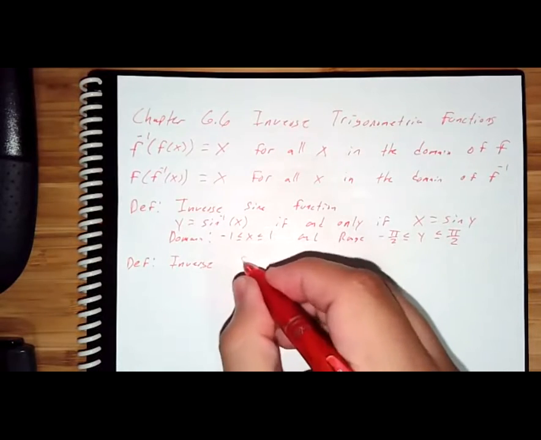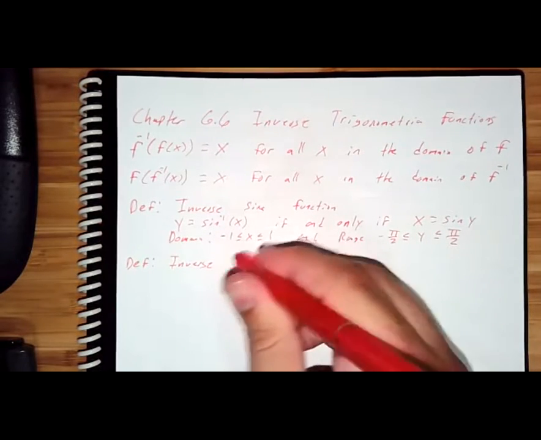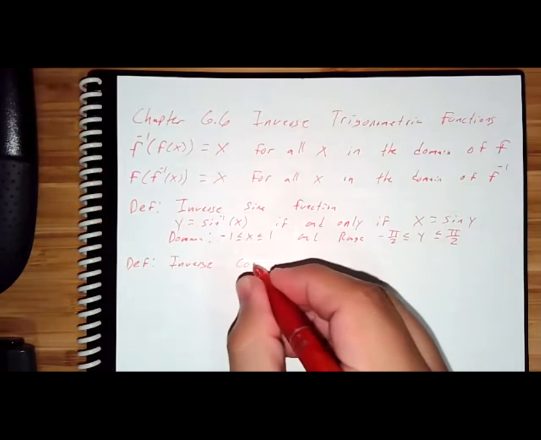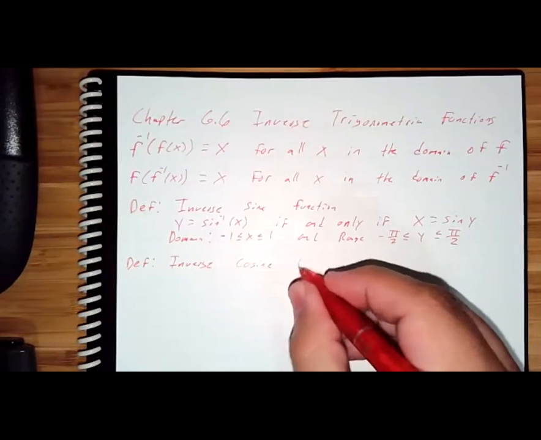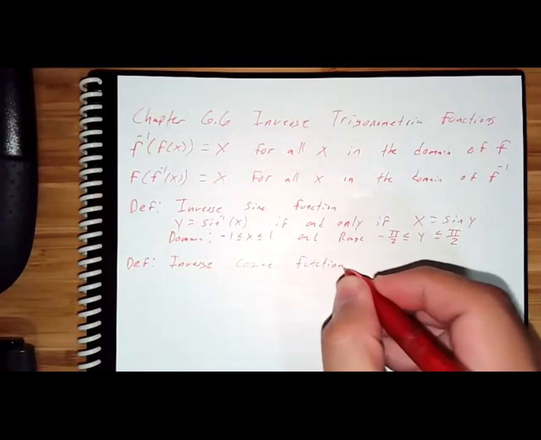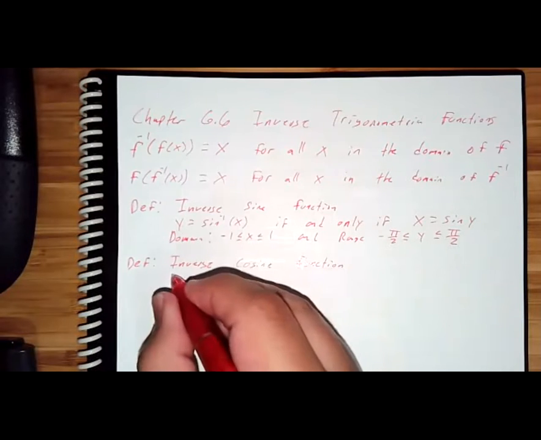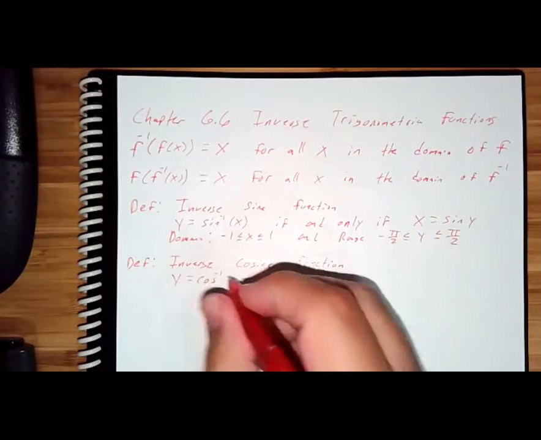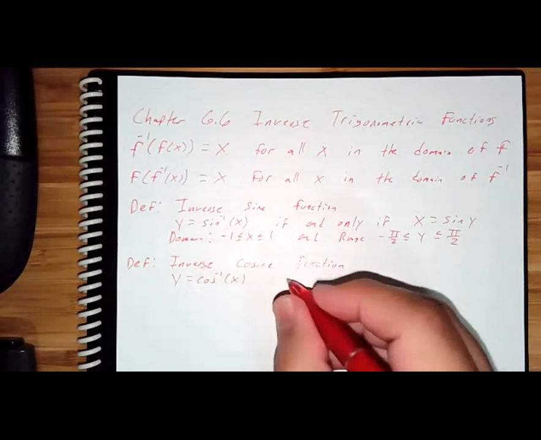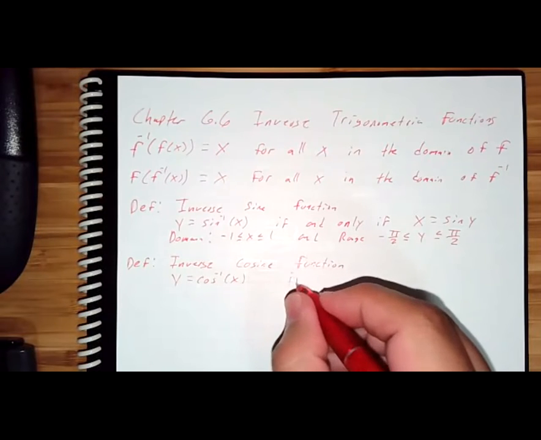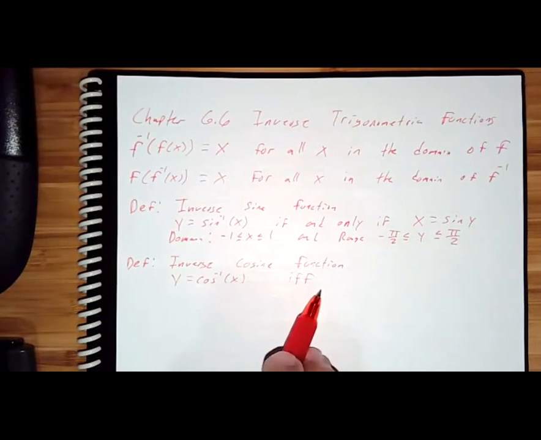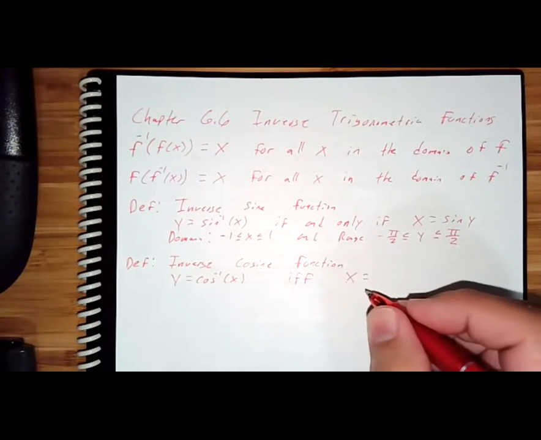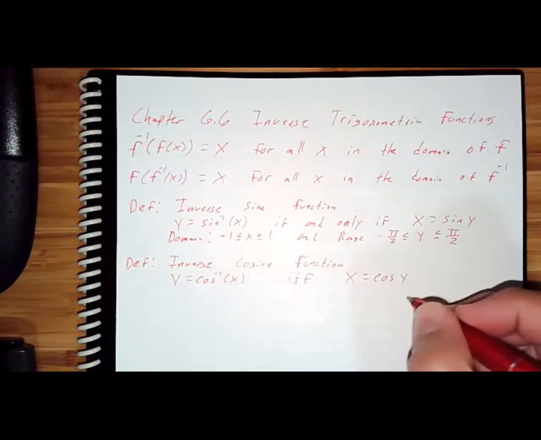Inverse cosine function definition. So y is equal to cosine inverse of x if and only if, I'm going to use this abbreviation, IFF means if and only if, in mathematics, x is equal to cosine y.